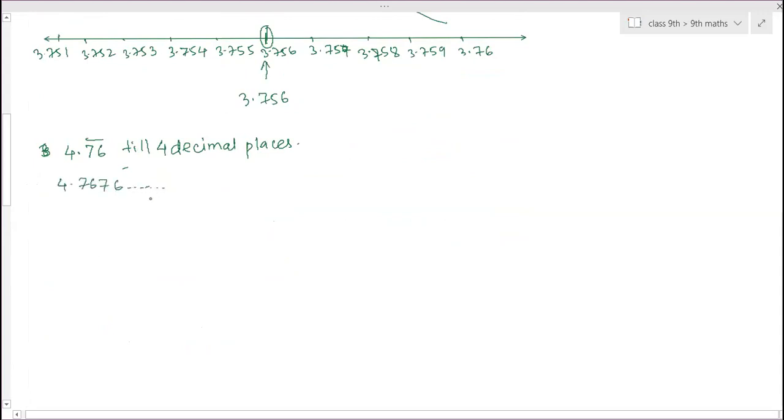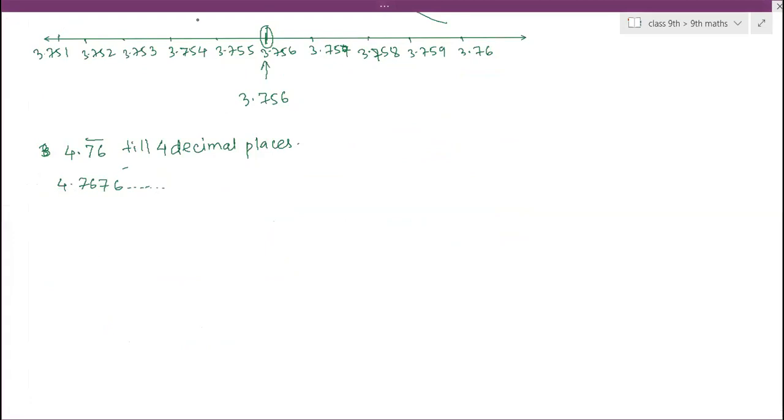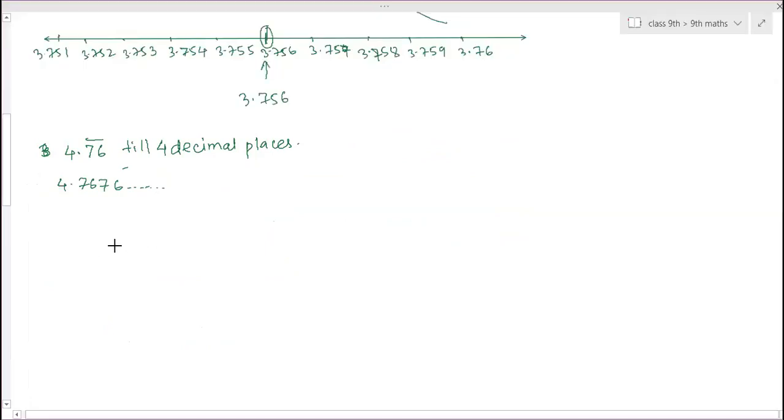It is not stopped there, it will continue. You have to show the representation of 4.7676, at least till 6, but it will not be the exact number.